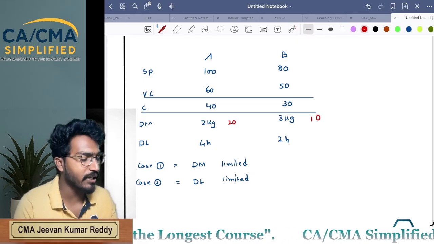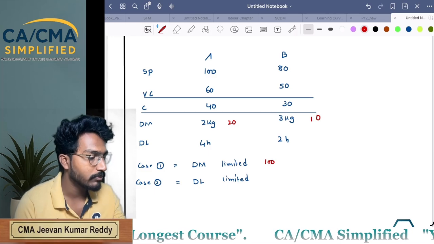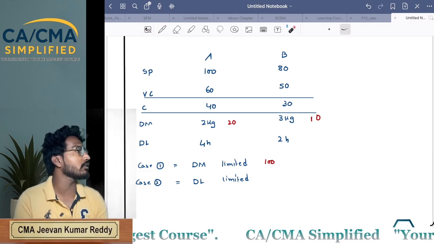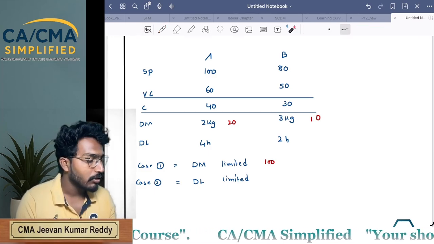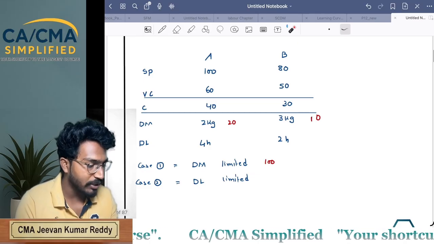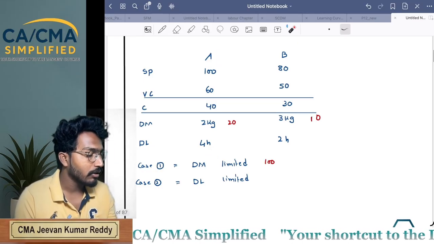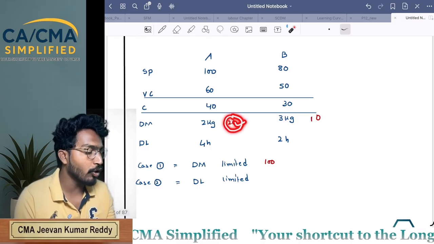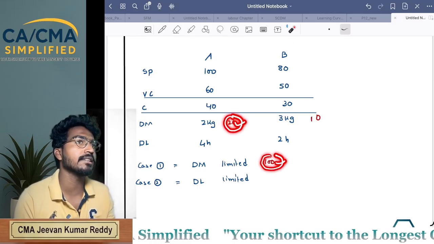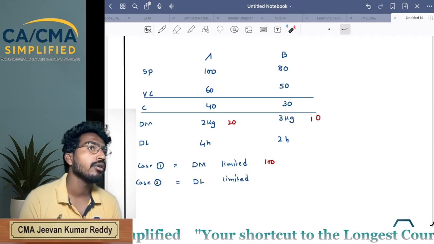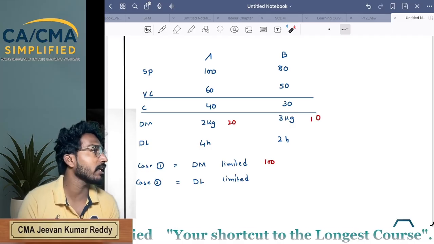For example, raw material is limited to 100 kgs. If you use this raw material for A, you will get 20 rupees per kg into 100 kgs, that means a total of 2000. Am I clear?